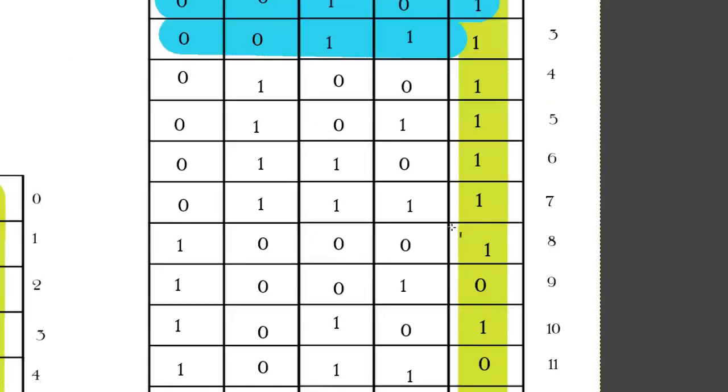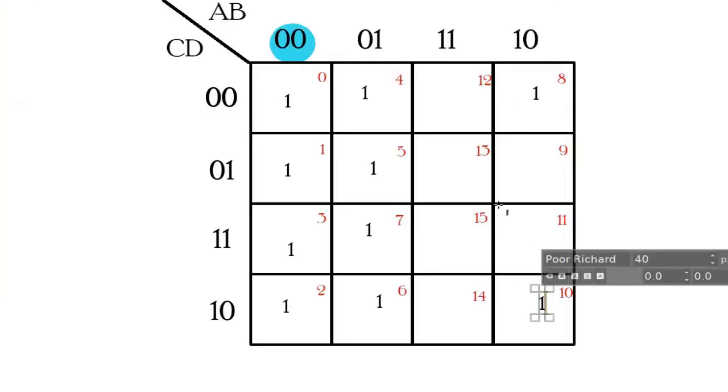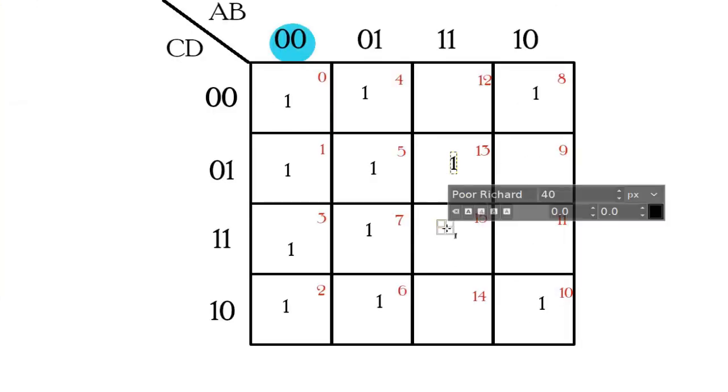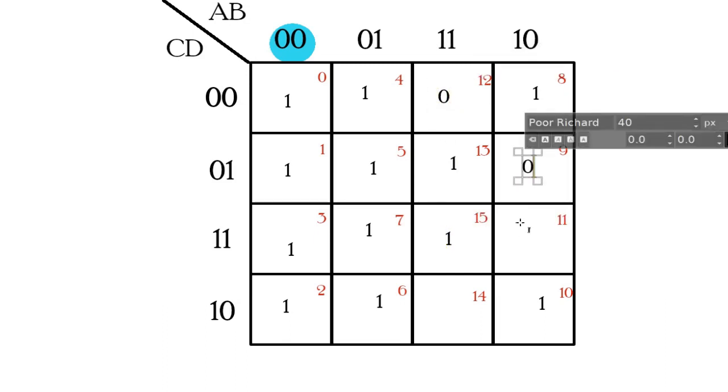So we'll go back and see what else we have. After 10 we have a 1 in 13 and 15, right? So we'll be marking 13 and 15, and the rest are zeros, so we'll be marking the zeros as well.